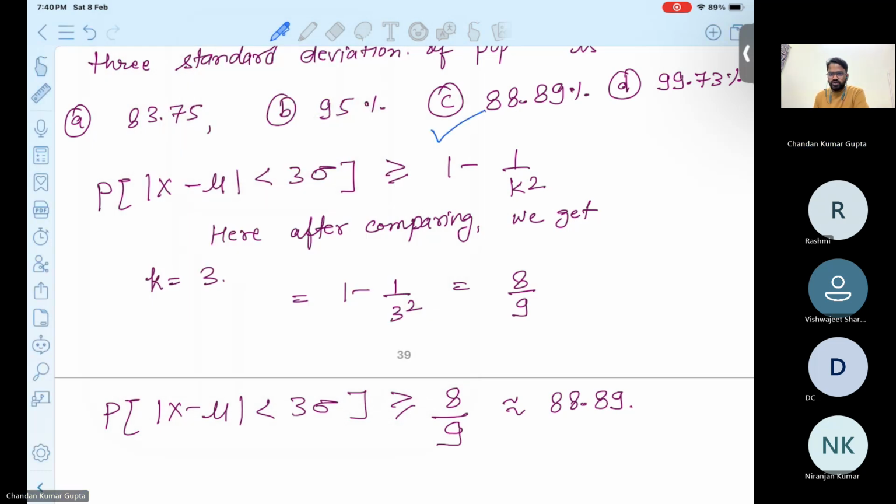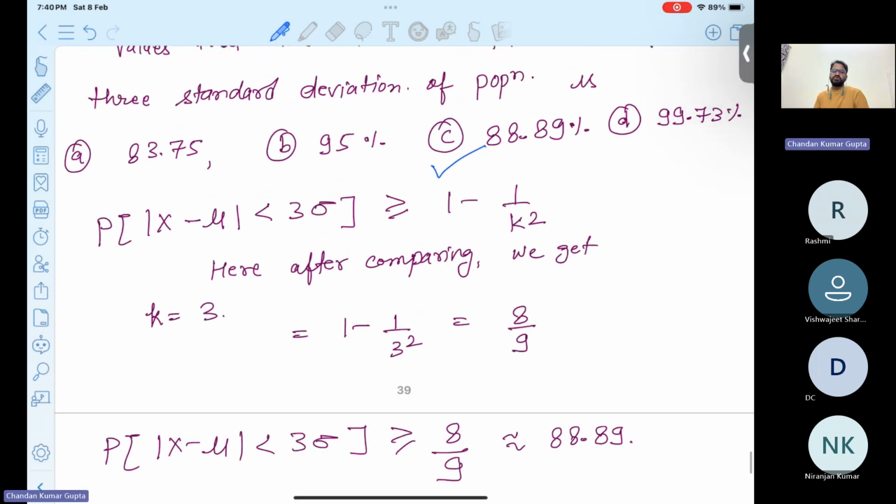Also, if you know about the normal distribution, although we will discuss it in the fifth week, it is bell-shaped and symmetrical in nature.